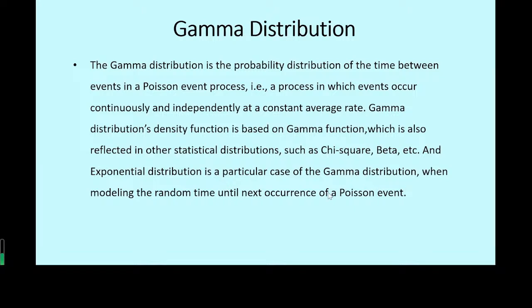When we want to model the random time until the next occurrence of a Poisson event, if you want to know the random time until the next one-time occurrence, this random variable has an exponential distribution. But generally, we can model the random time until the next several occurrences. So this is the gamma distribution, right?